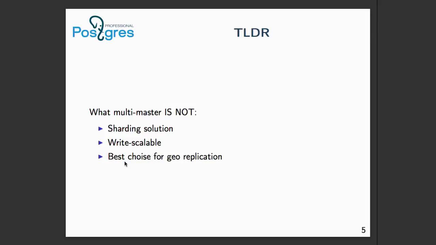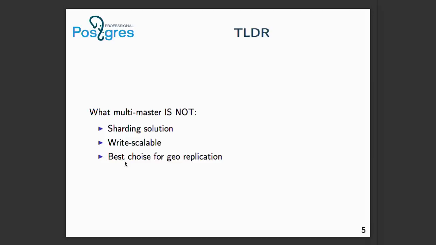Yeah, you also will not scale your writes because you are writing the same data to several nodes. And in the best case scenario, you will just wait for the slowest node. And it's probably not the best choice for geographical replication. So it's a multi-master, but it's a strongly coupled multi-master.